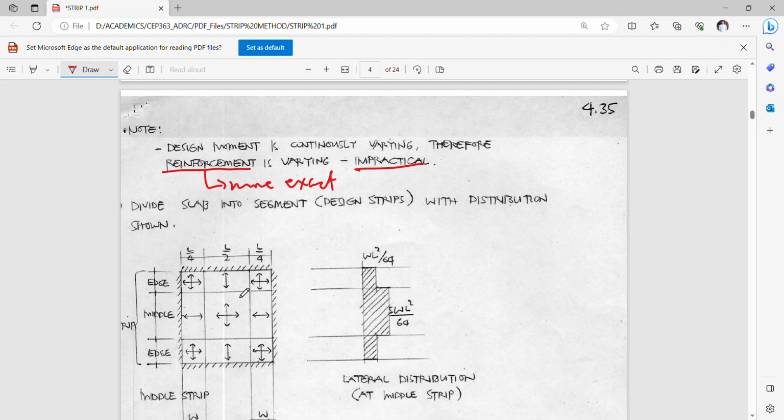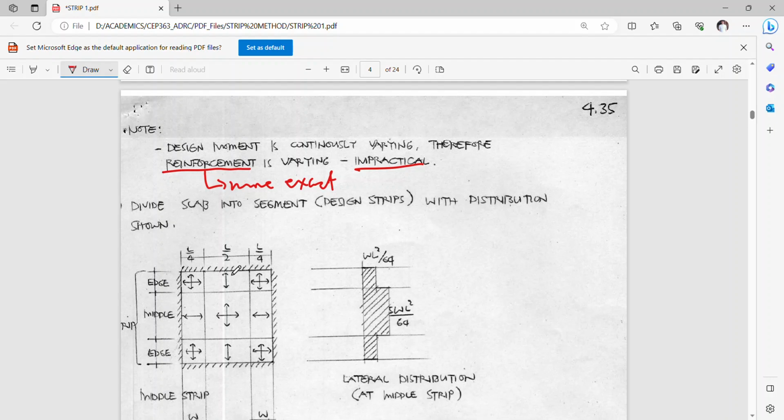The division suggested is simply L over 4 from the opposite supports, making your midspan or middle strip equivalent to L over 4.